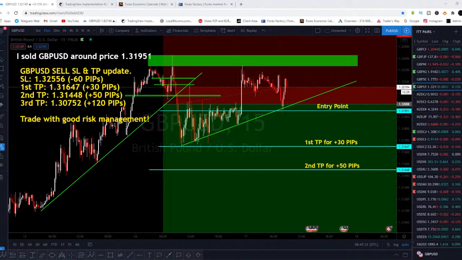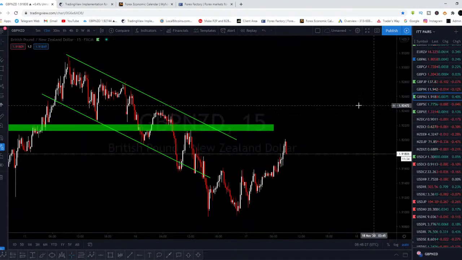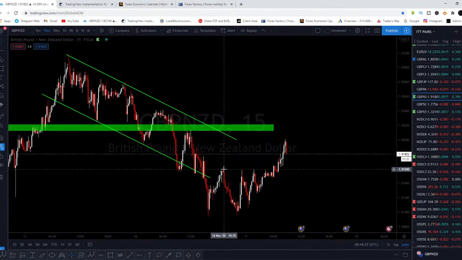Also try to check GBPNZD, huge long. Okay, I will try and check the GBPNZD. Yep, I'm in that trade. Then it will go up at least 400 more pips. GBPNZD, right?